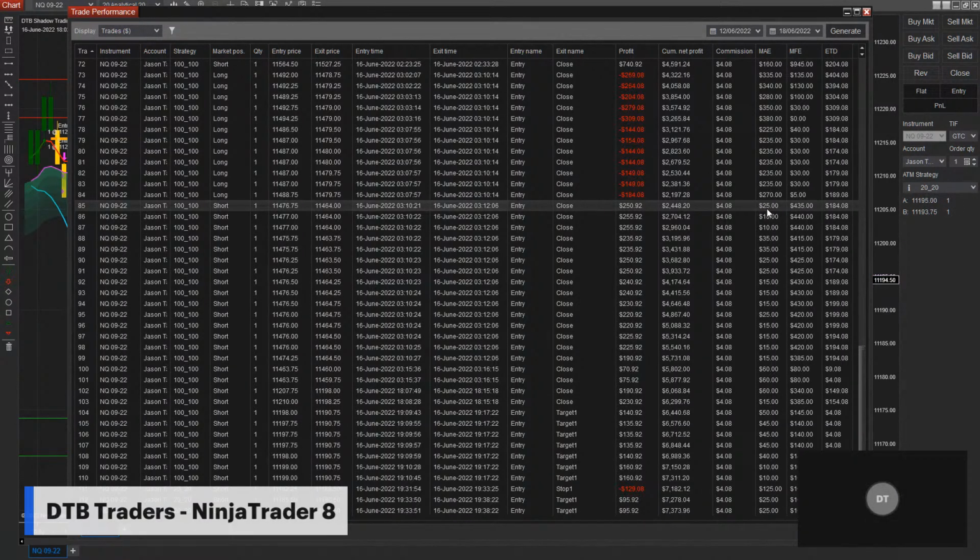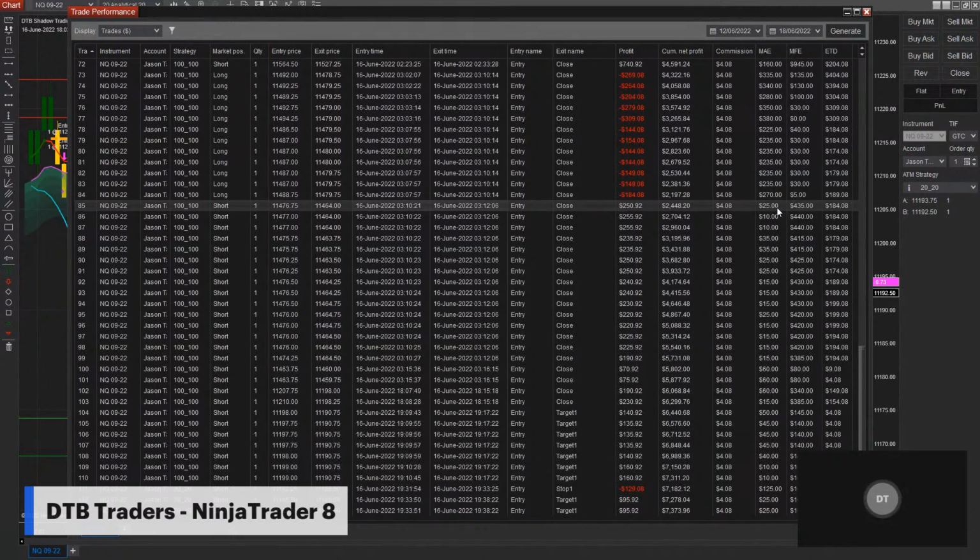It tells you what the position went against you. So when you entered the position, how far that position went against you before it hit its profit. For example, on this entry over here, the price went $25 against me. It went a total of $435 in my favor, and I exited it at $250 profit. So I entered the trade.